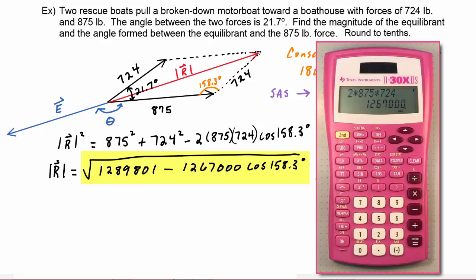So let's calculate this number now to find out the magnitude of vector r. We'll hit second, square root, 1,289,801 minus 1,267,000 times the cosine of 158.3, close the parenthesis, enter.